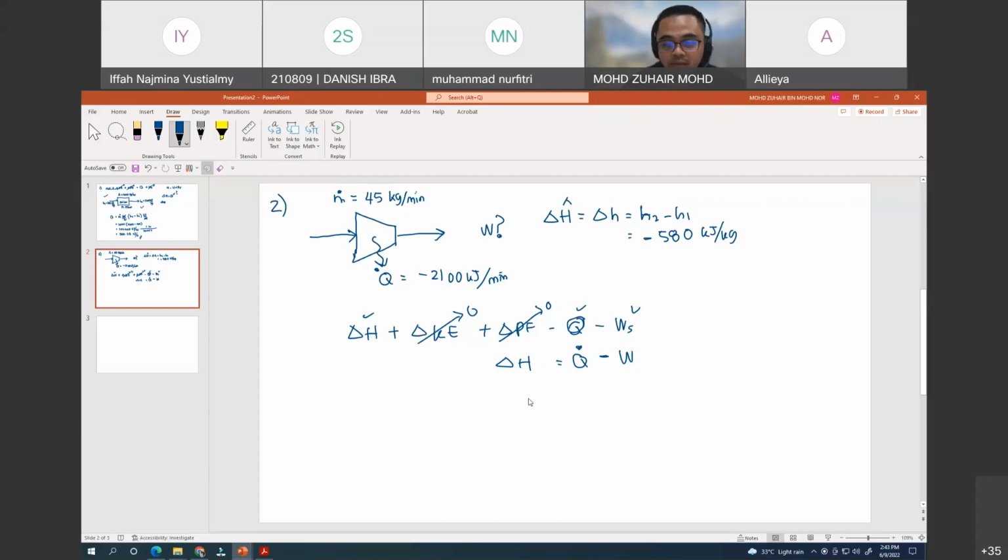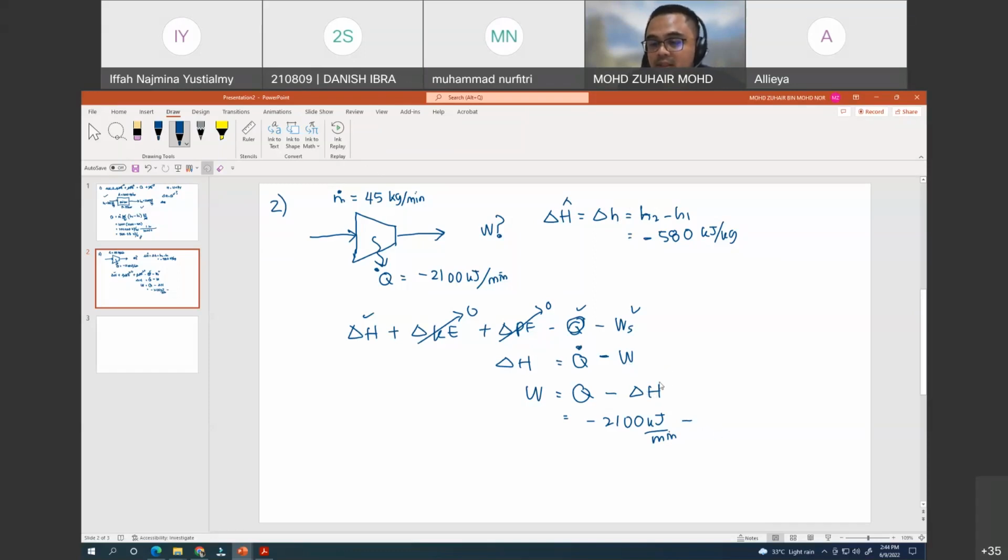So this is W: Q minus m dot delta H. Q is negative 2100 kilojoule per minute, minus delta H. But what we have is a specific enthalpy, so we need to multiply by the mass flow rate.